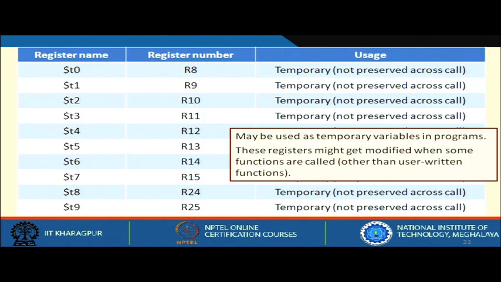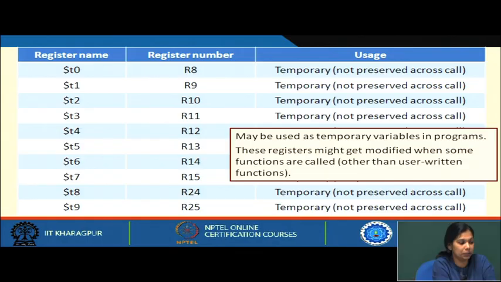They may be used as temporary variables in programs, but these registers might get modified. So, it is up to you; if you are using these, then you have to be careful enough, as these registers might get modified when some functions are called other than user written functions. That means inside we are also calling some function, and some instructions are breaking down into further instructions.